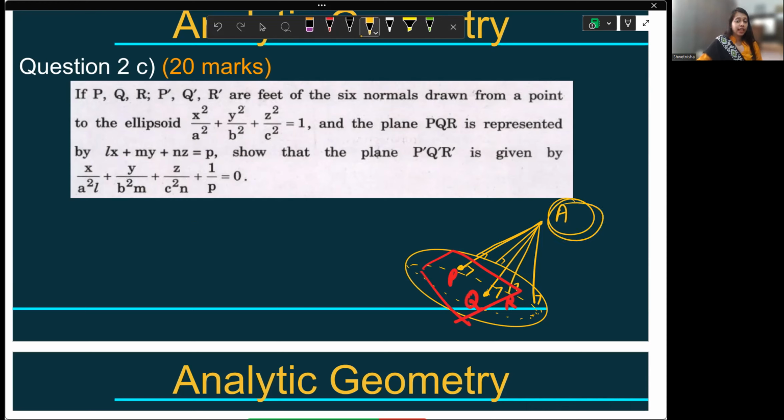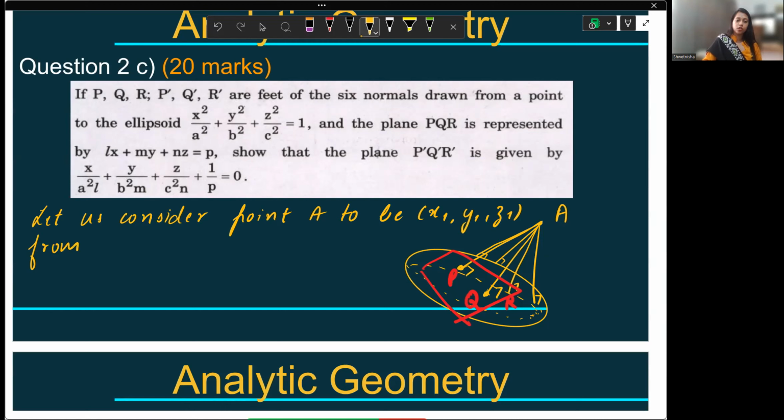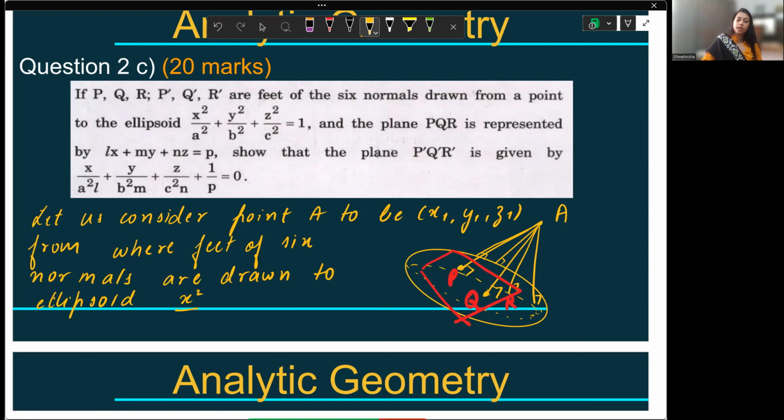About this point A, let us consider the given point A to be x1, y1, z1, from where the feet of 6 normals are drawn to the ellipsoid x square by a square plus y square by b square plus z square by c square is equal to 1.